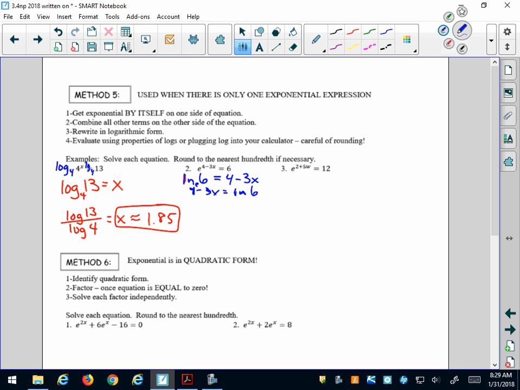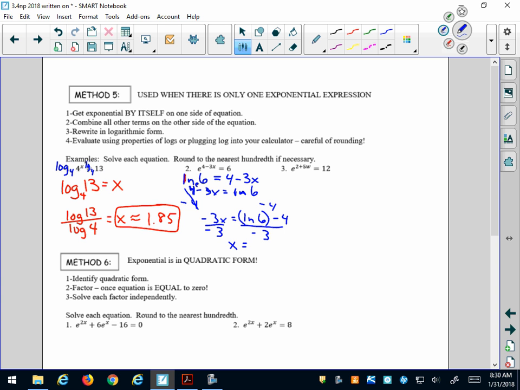At any rate, once we get to this point, our job still is to isolate x. So what should I do? Subtract 4 from both sides. You get negative 3x equals ln of 6 minus 4. Now what? Divide by negative 3.